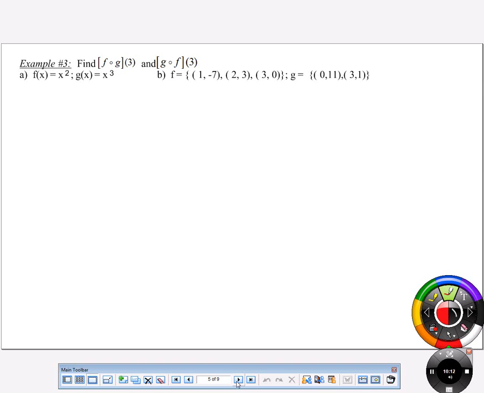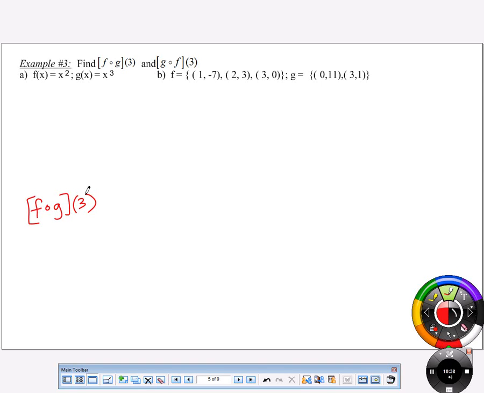All right. So up here, we'll do this with some functions, and then in part B, you'll see we'll do it with a set of points in case it's not defined as a function. So the notation says to find two things. Yes, it looks like fog. A lot of people refer to them as like fog and goth because they use the letters F and G a lot, and that little composition symbol does look like a little O. Okay?